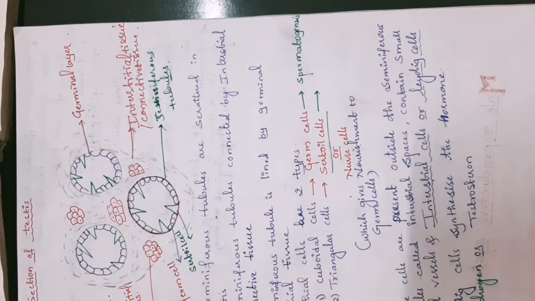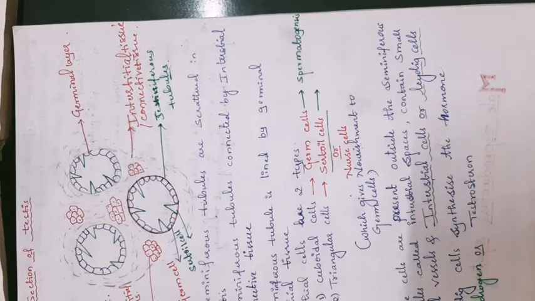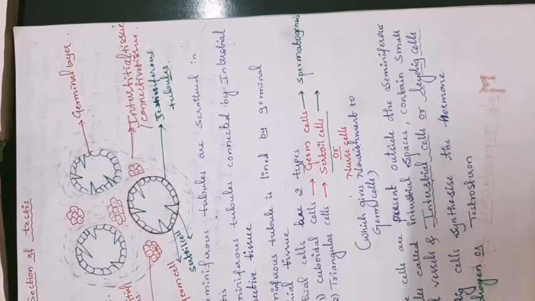If they ask generally in which part of the testis spermatogenesis occurs, you can easily say that in the seminiferous tubule we can see spermatogenesis. If they ask particularly in the seminiferous tubule where you can see spermatogenesis, in the seminiferous tubule the cuboidal cells are present. Those cells are called germ cells. In the germ cells, we can see the spermatogenesis.